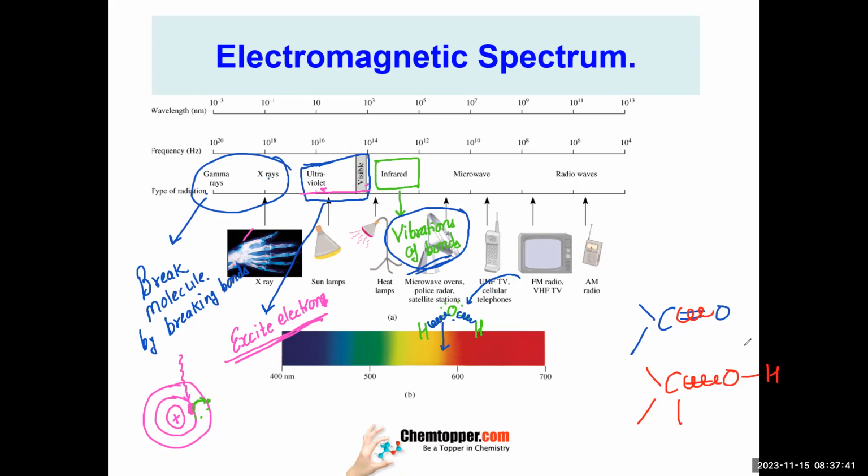In C double bond O or C single bond O? One example is this, Afan. Another example is this. Can you identify which bond is stronger? This one or this one? The double. So it's difficult to vibrate, so you need more energy to vibrate it.